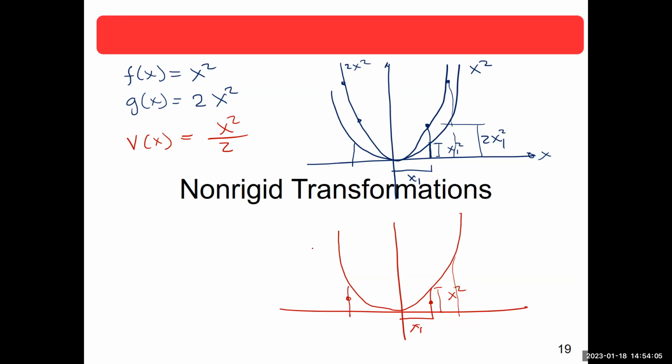So if I connect, what happened to the graph? It got flatter. This is x squared divided by 2. It got flatter, opened out. It changed the shape. So that's what happened. If you multiply, it gets narrow. If you divide, it gets wider.